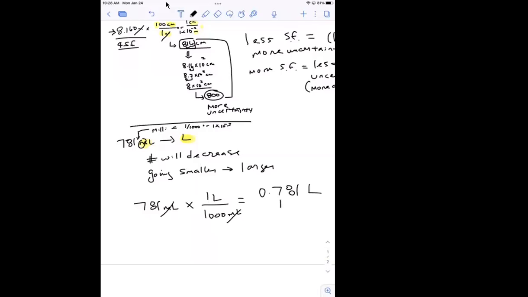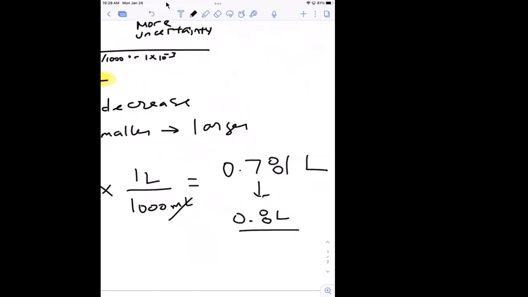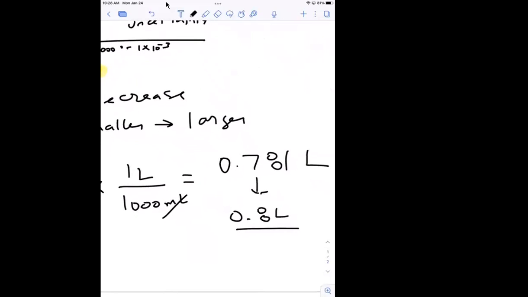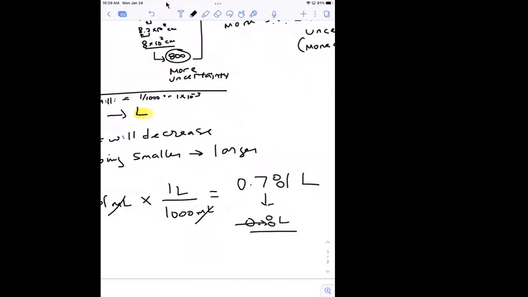All right, and then we can take that and simplify it down to 0.8 liters, which is how many sig-figs? One. 1 sig-fig. Specifically, from your first non-zero digit after the decimal, which is 8. So it's 1 sig-fig, which is what we want, right?